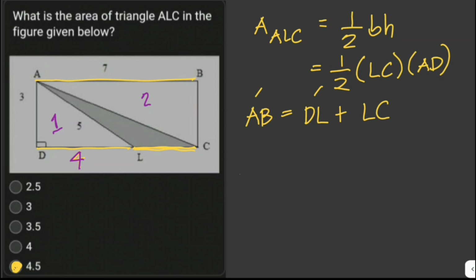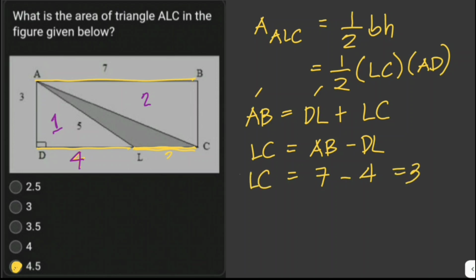Now we can solve for LC. So LC is just equal to AB minus DL, and AB is just equal to 7 and DL is equal to 4 from what we got using the Pythagorean theorem. Therefore, the length of LC is just equal to 3. So this is 3. And now we can solve for the area of triangle ALC.